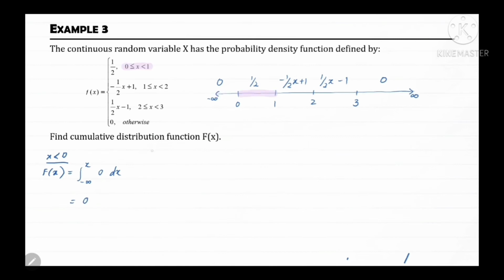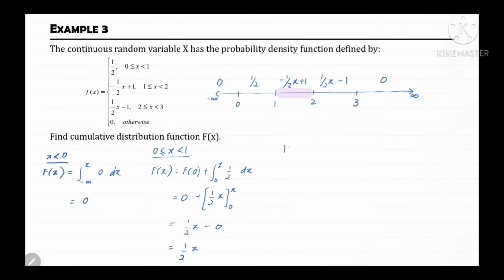And then from 0 to 1, the cumulative function is F(0) plus integrate from 0 up to x of 1 over 2 dx. So substitute 0, we get 0 plus 1 over 2 x from 0 to x. Substitute x, we get 1 over 2 x minus 0. So the function is 1 over 2 x.